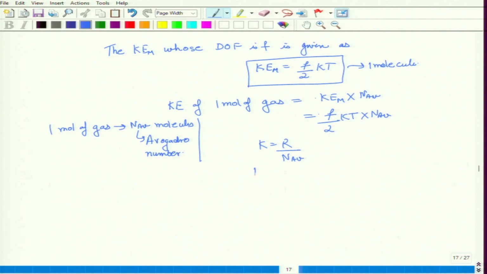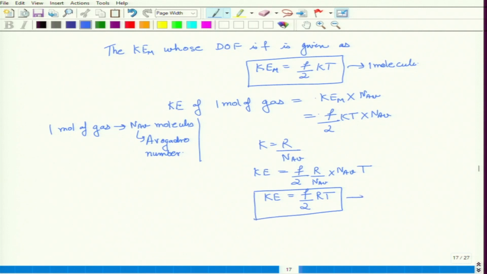So this becomes F by 2 into R by Na into Na into T. So the kinetic energy becomes F by 2 RT.